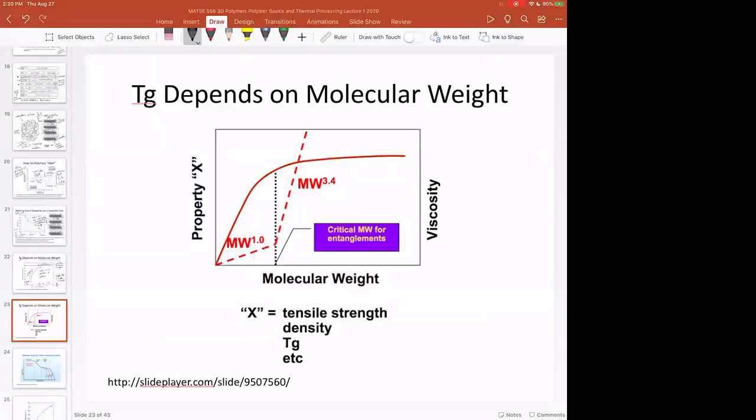All right, so this is just one plot to add to this viscosity discussion that Ben brought up. We just looked at this plot, property X, and this solid line is property X versus molecular weight. And so again, this is the plateau.